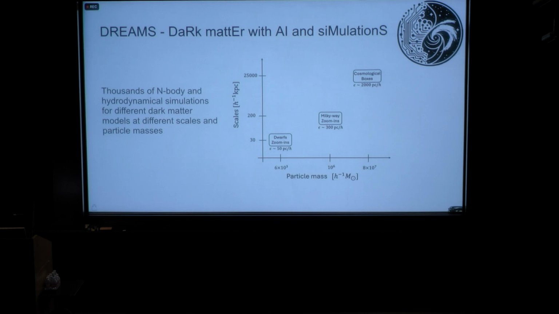So this is DarkMatter with AI and simulations, and it is a huge suite of thousands of N-body and cosmological hydrodynamical simulations, which contain simulations done with different dark matter models at different scales and different particle masses. So, for instance, we have cosmological boxes, some Milky Way like zoom-ins, and also dwarf galaxies.